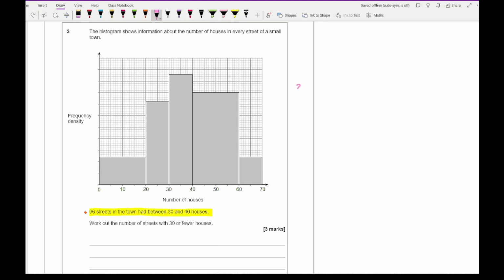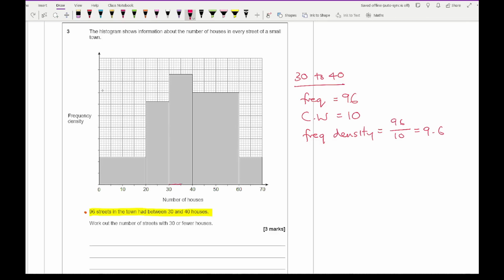So we've got 30 to 40. I know that the frequency is 96. The class width is 40 take away 30, which is 10. So therefore the frequency density is going to be 96 divided by 10, which is 9.6.